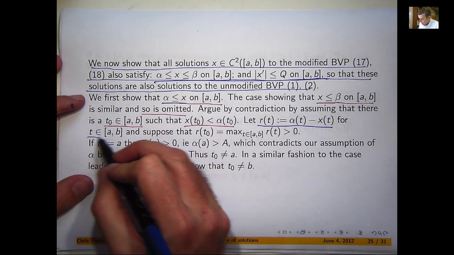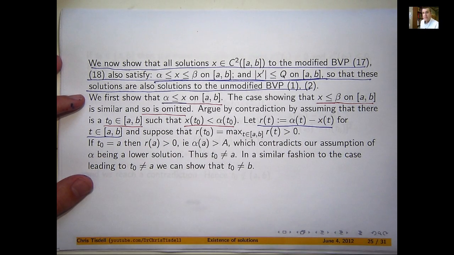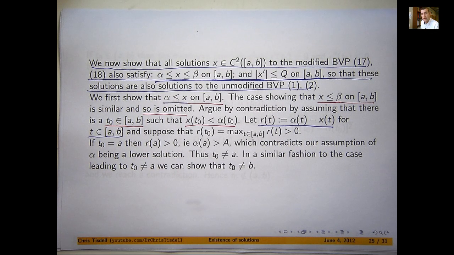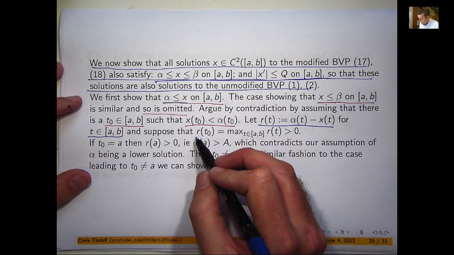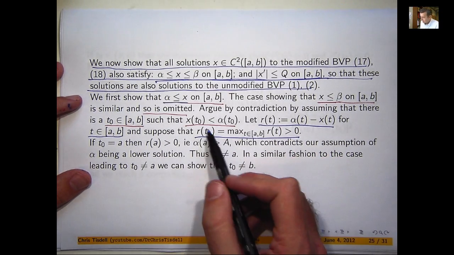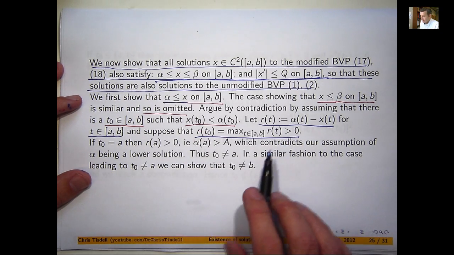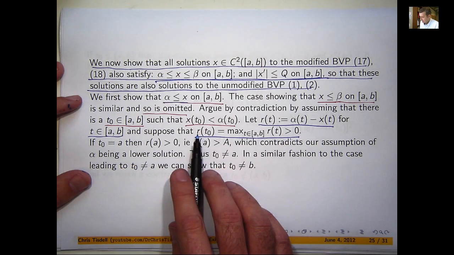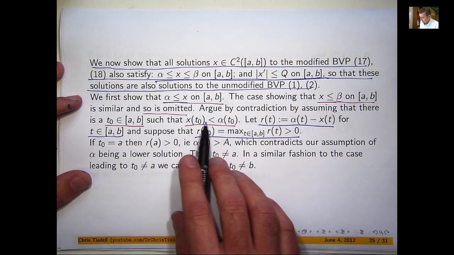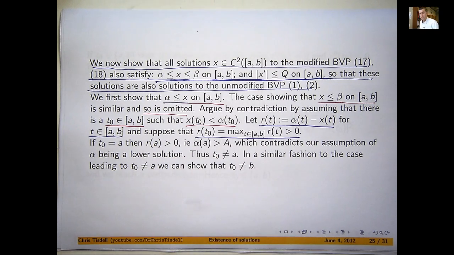Now we're working on a closed and bounded interval. Therefore, this continuous function r must achieve its maximum value somewhere on that interval. Okay, so let's denote the maximum value of r as r of t0. And without loss of generality, we can assume that basically the maximum occurs at this point, t sub 0.